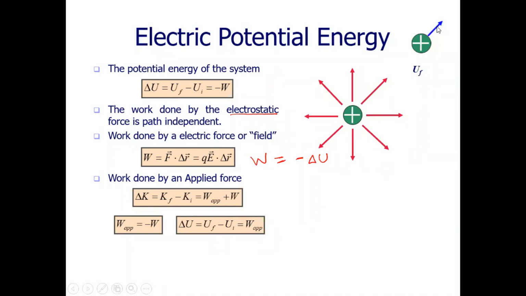You remember from Newton's first law, it means that for an object to move at constant speed, the net force must be equal to 0. So there must be an applied force on this.